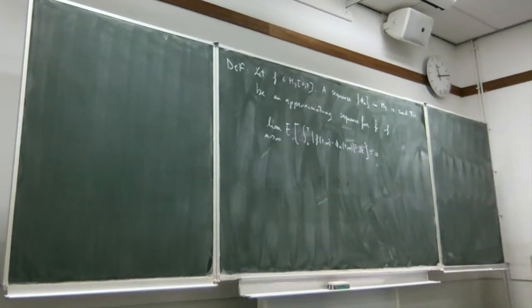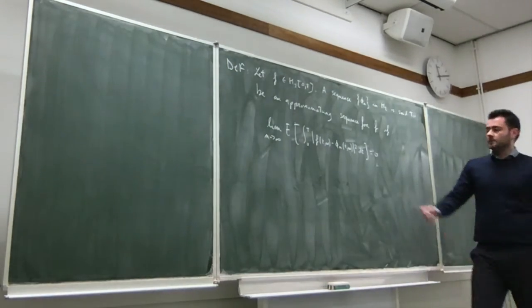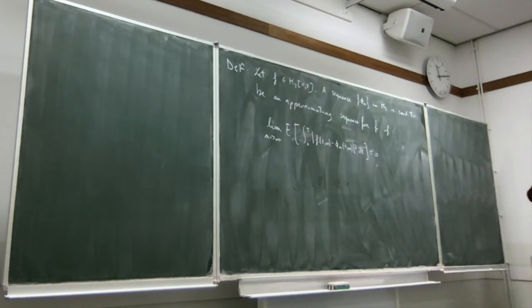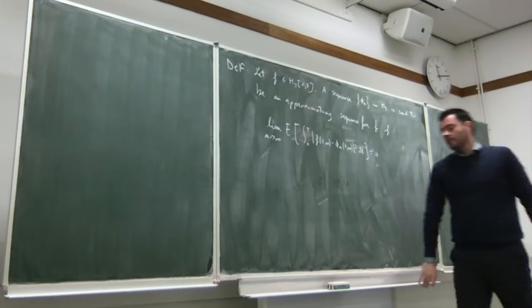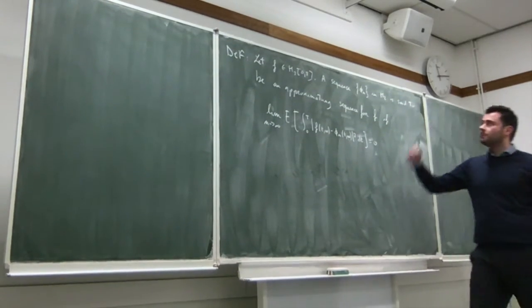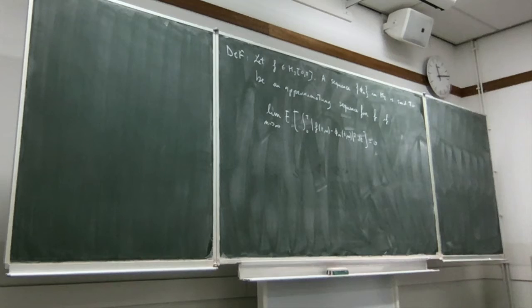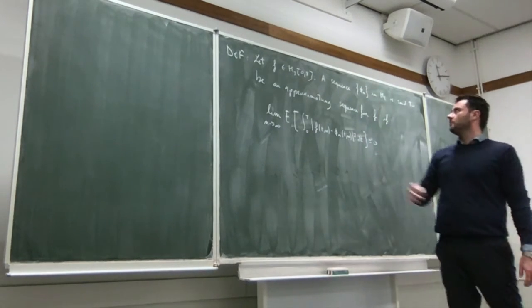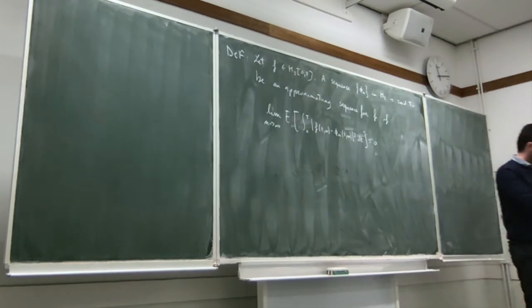So we require this condition. If the sequence phi_n is such that this limiting condition on the expectation holds, we say that the sequence of simple processes phi_n is an approximating sequence for our function f, which is still in M2. Okay?